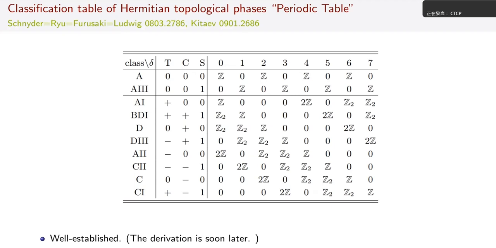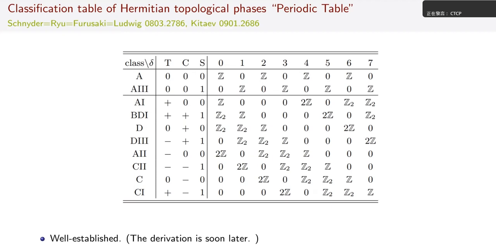It is characterized by T, C and S. And here, delta 0, 1, 2, 3 is the spatial dimension. So given a symmetry class and spatial dimension, I have a classification. For example, class A means no symmetry, and in two spatial dimensions, I have Z. So it is noting the existence of a Chern number, introduced by Okuma this morning.